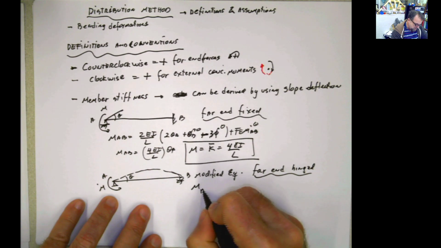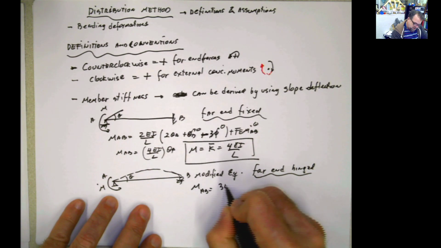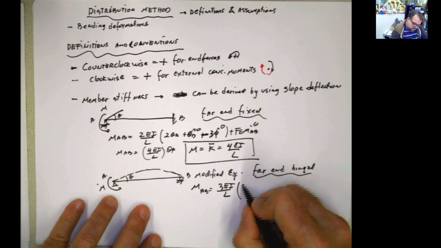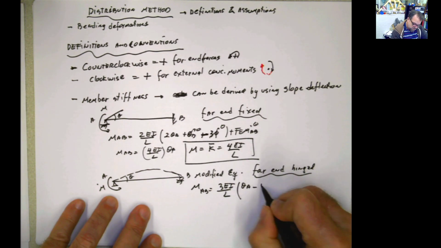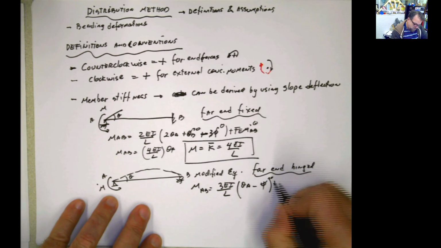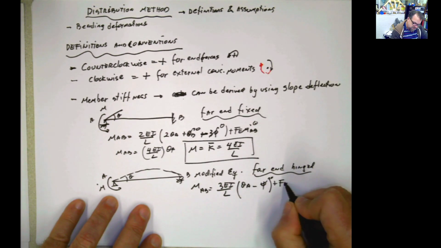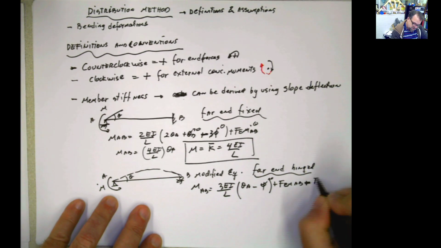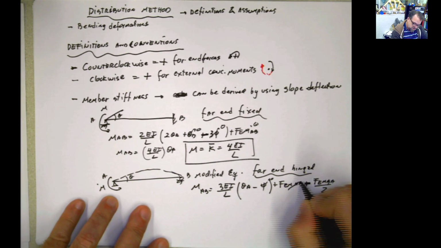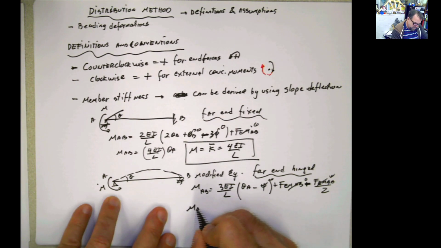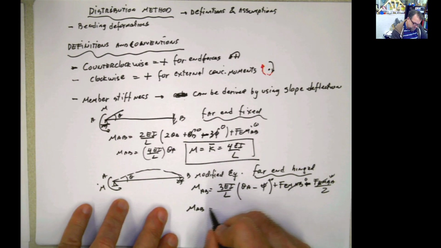Then you're going to have that moment AB is going to be 3EI over L, this is the formula, times the rotation at A, minus the rotation of the chord, which is 0, plus the fixed end moment AB minus the fixed end moment BA divided by 2, which are 0 and 0 in this case. So the modified expression gives you this value.